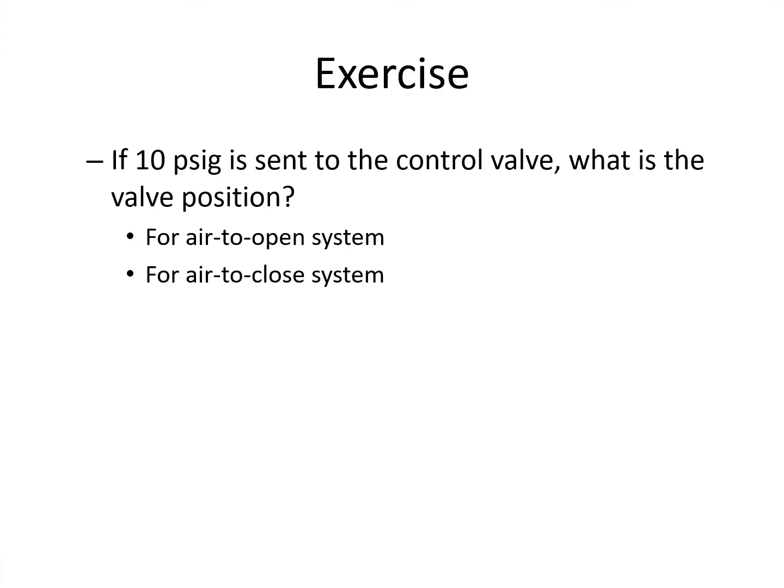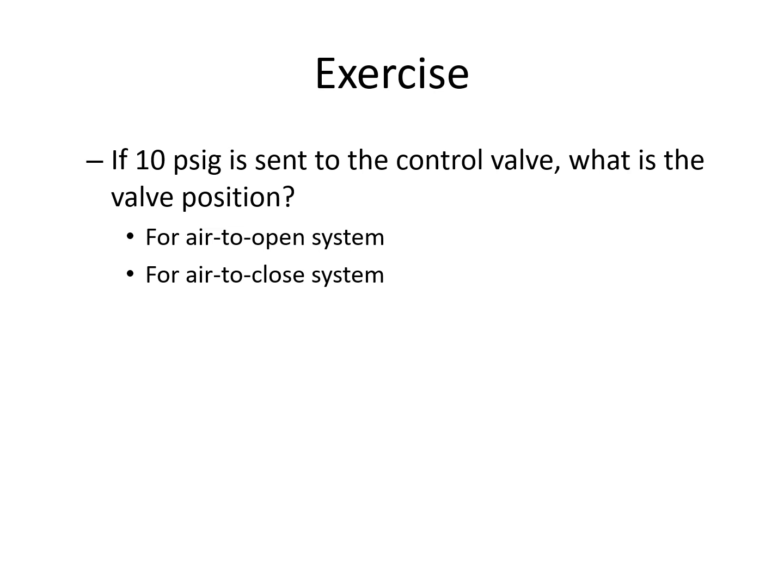Okay, now I will explain the exercise. Basically, we want to determine the valve position for the ATO system and the ATC system. Given here is a 10 PSIG signal from the controller.